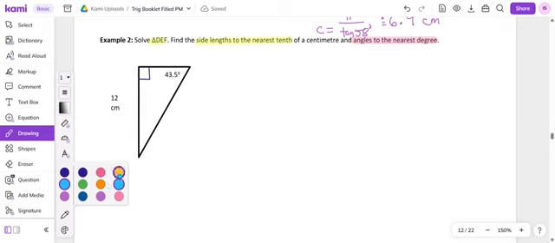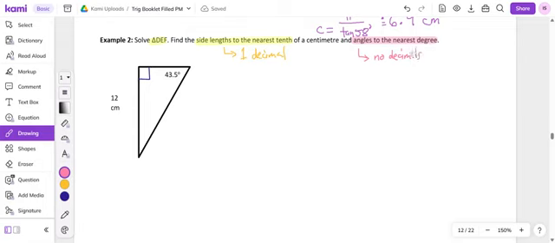That tells us the side lengths have 1 decimal place and the angles have no decimals. Let's label this triangle. We'll make the right angle angle D. This will be angle E, and this will be angle F.